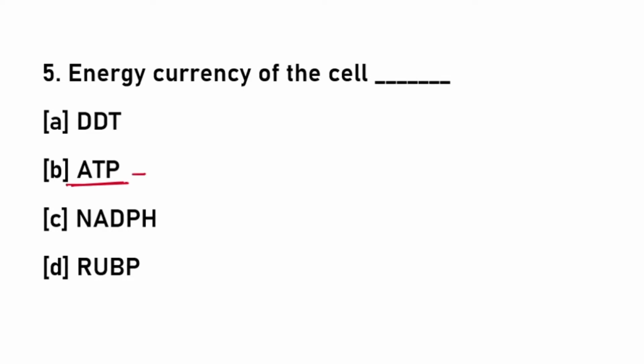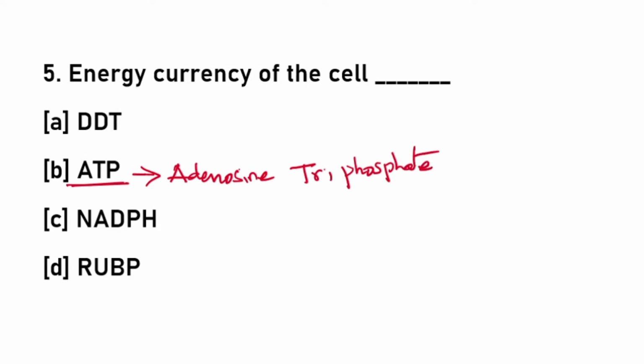ATP means adenosine triphosphate. ATP is called the energy currency of the cell. Why is it called the energy currency?